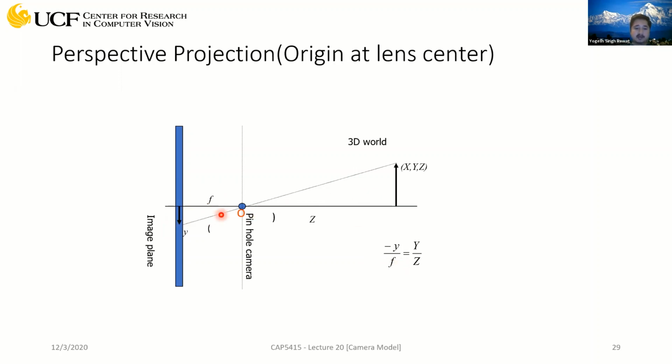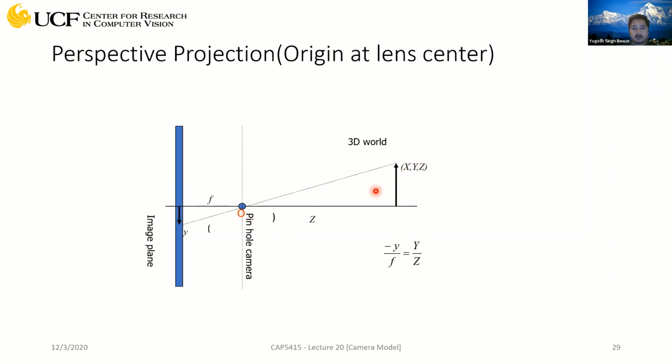So these two triangles are similar, right? Because this is a right angle, again, this is a right angle, and these opposite angles are equal. Then we have this equality. We can say that negative y, because it's inverted, over f, all right, the ratio of these two sides should be equal to the ratio of these two sides.